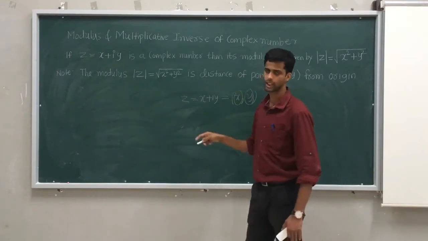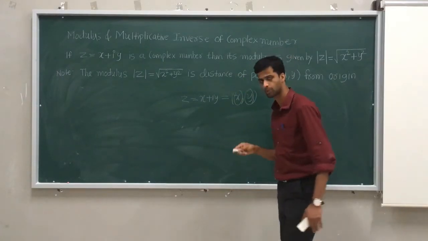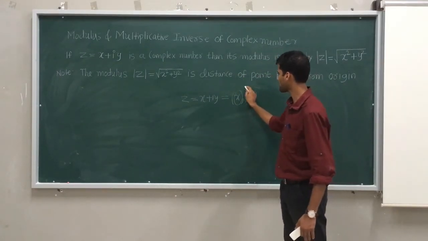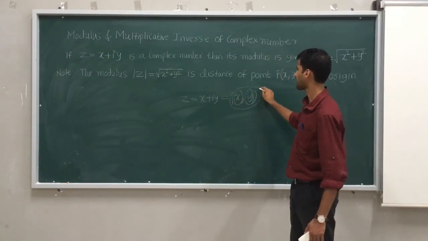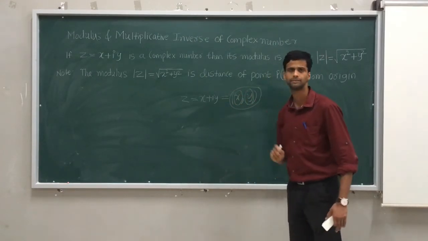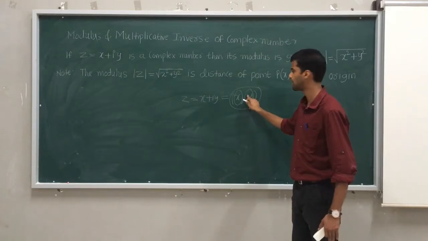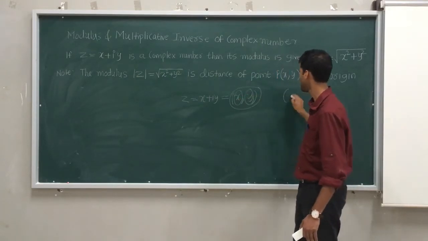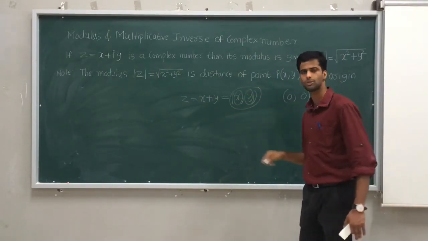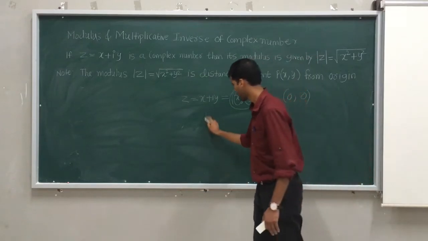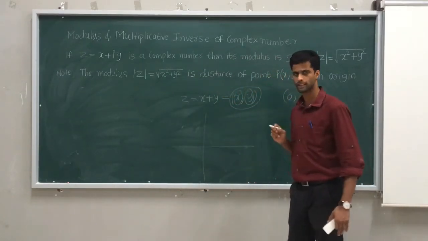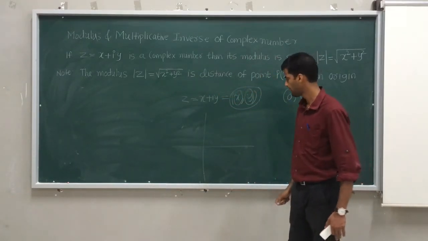So what modulus gives you is how far it is from the origin. How much distance between x comma y and 0 comma 0, because origin is usually 0 comma 0. I will teach you more in the next idea.